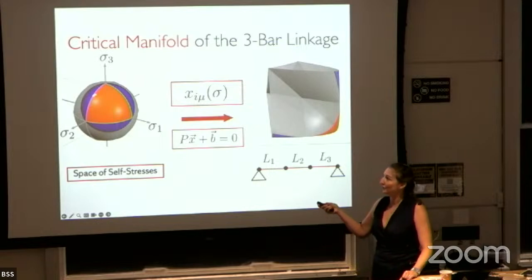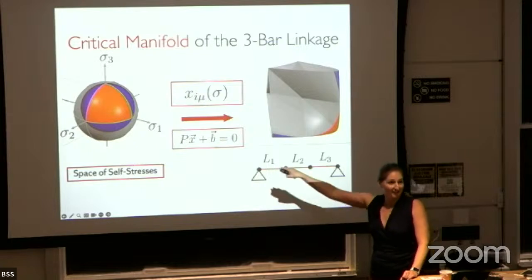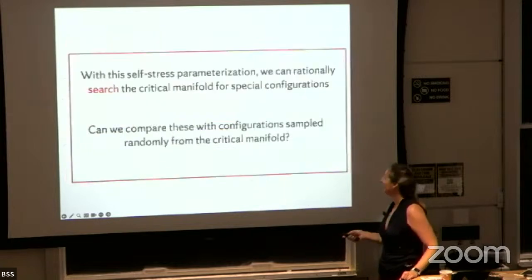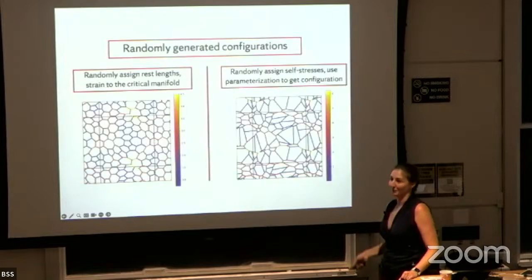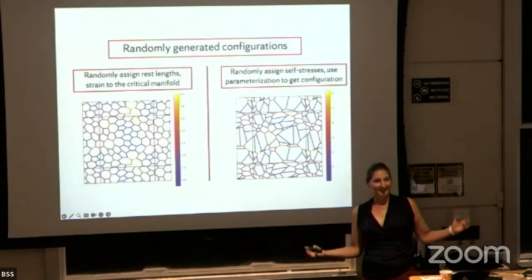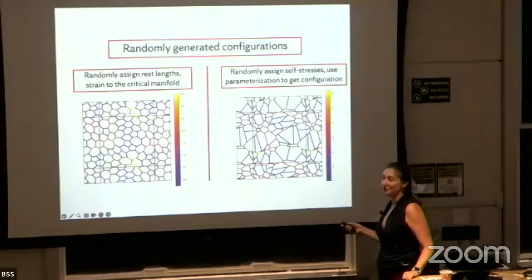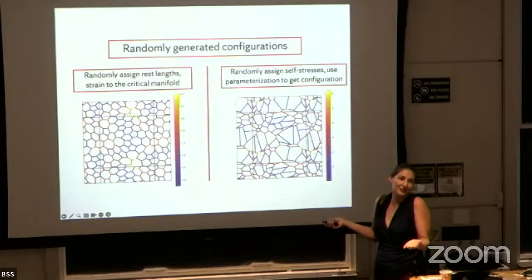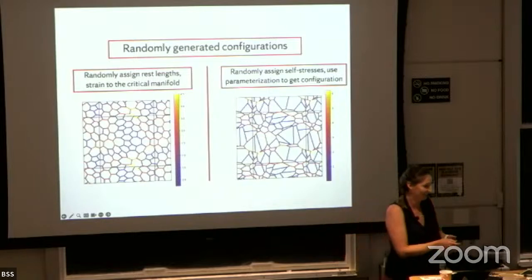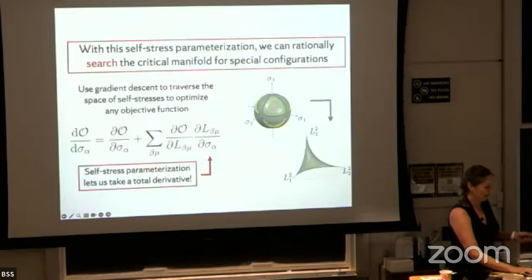So I could sample uniformly in this space, and it's guaranteed to be critical. This is the critical manifold, so I've guaranteed it. Here's one example: I just pick a random point from the self-stress space, and then use my mapping to go back into real space. It's another way to get what you get.